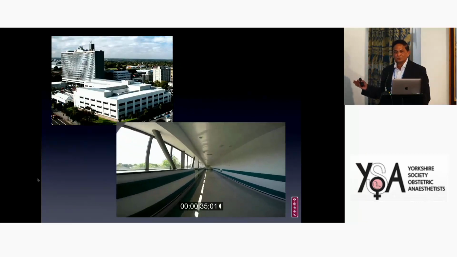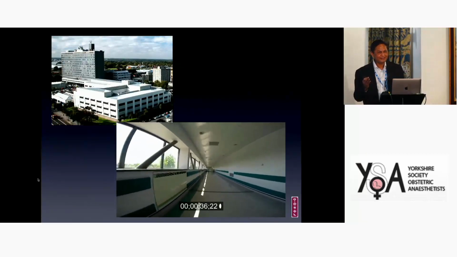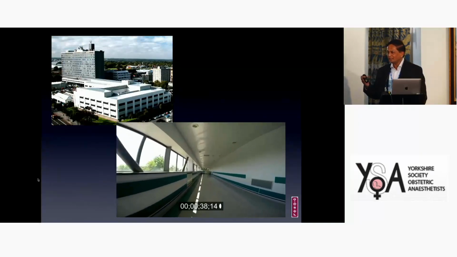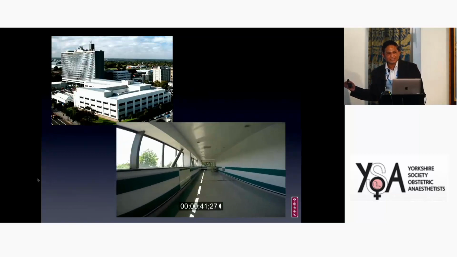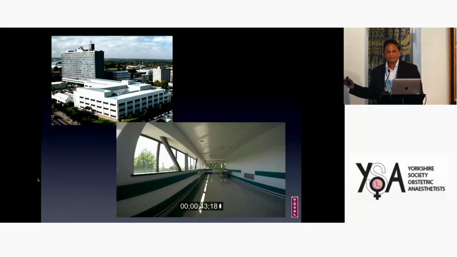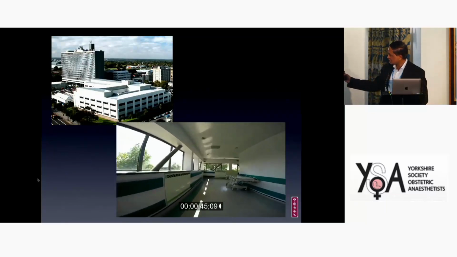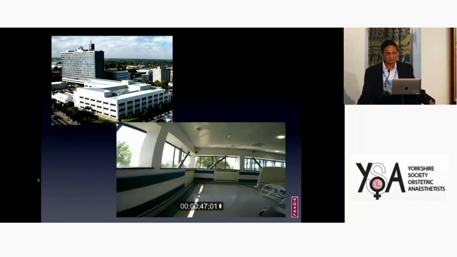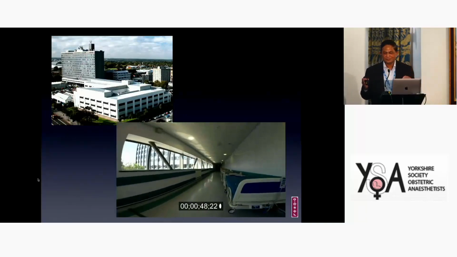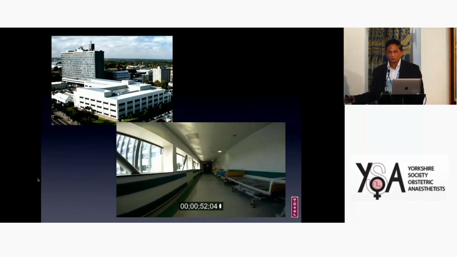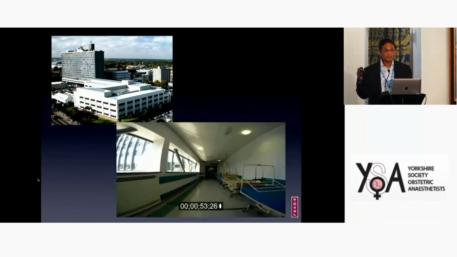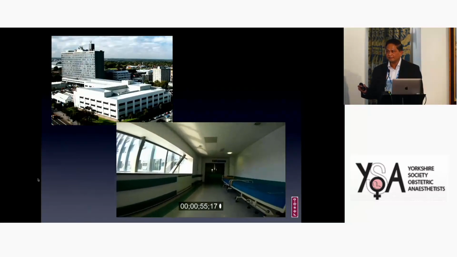For those of you who know Hull Royal Infirmary, you come through this particular part, and that particular evening when I was doing it, it was quite clear. Otherwise, you get all these kinds of obstructions. You have to maneuver yourself through these obstructions, take a turn, go through a set of doors, and then you get into humanity, because there are a couple of lifts there.